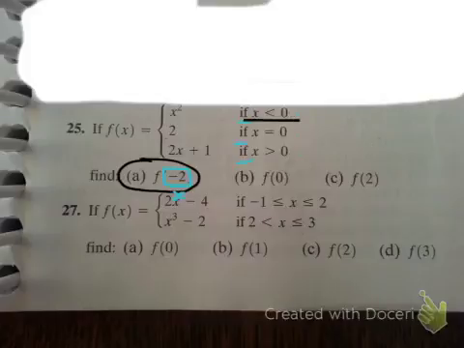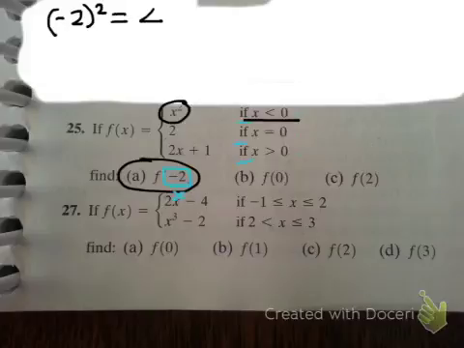So we're going to use this formula, x squared, and put negative 2 in for x. Negative 2 squared is negative 2 times negative 2, which gives us 4. So that's the solution for that problem.